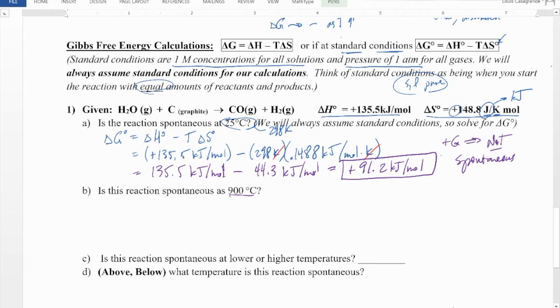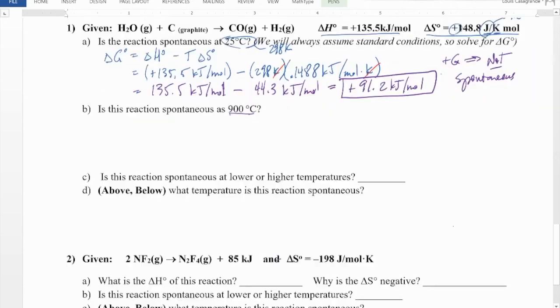We still have the same delta H and delta S. So the delta G naught is 135.5 kilojoules per mole minus 900 degrees Celsius, which is 1173 Kelvin, just add 273, times that same 0.1488 kilojoules per mole Kelvin.